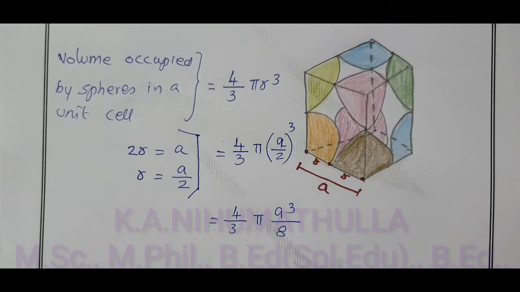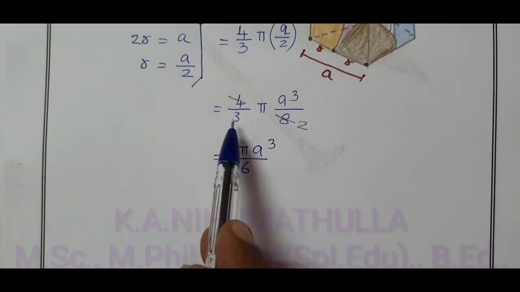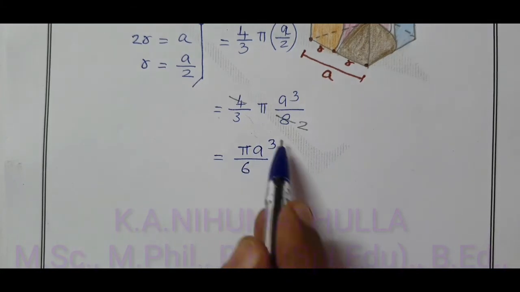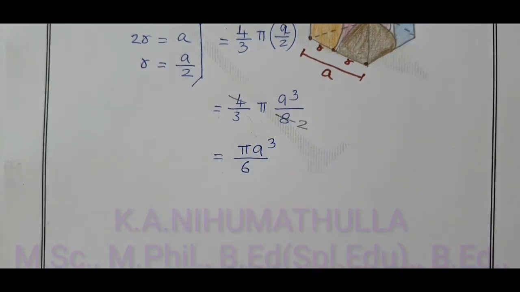Now we can cancel. 1 4 is 4, 2 4s are 8, that is equal to pi a cube divided by 2 into 3s are 6. So the volume occupied by a sphere in a unit cell equals pi a cube by 6.